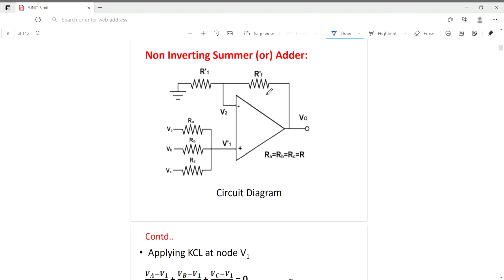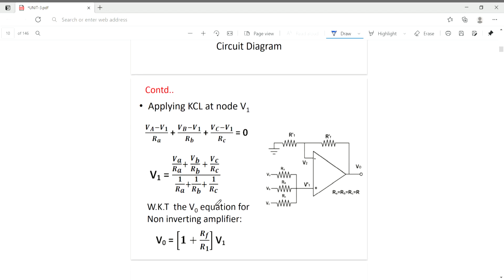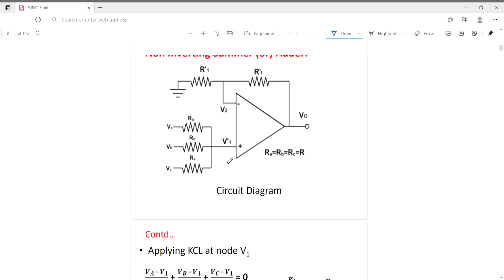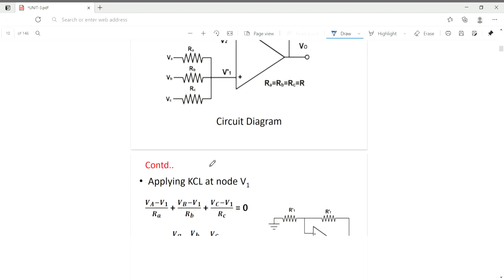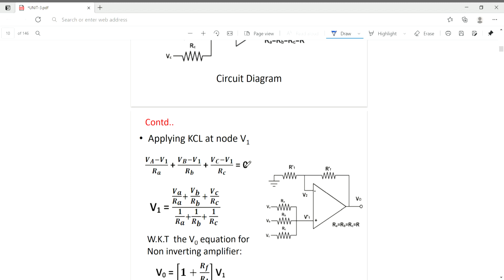RF is the feedback resistance, and same as in the inverting summer, we have 3 voltages and 3 resistances accordingly. Here the resistances are taken as RA equal to RB equal to RC equal to R, and the equation for the output voltage is derived by using KCL at node V1.